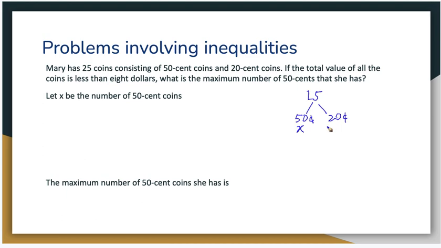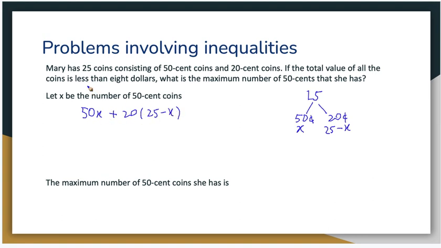Then the number of 20-cent coins will be 25 minus x. And the total for the 50-cent coins is 50 times x. And the total for 20-cent coins is 20 times 25 minus x.